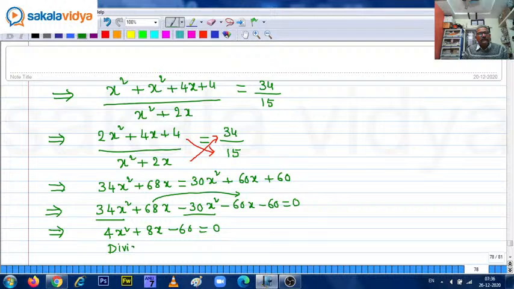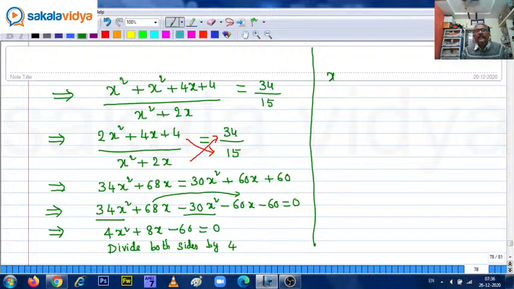Divide both sides by 4. Now what do you get? If you divide by 4, you get x square plus 2x minus 15 equals 0.